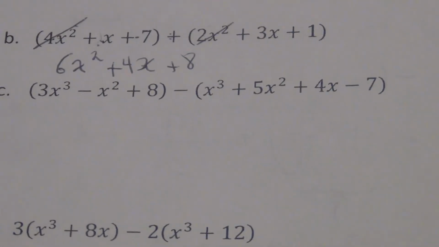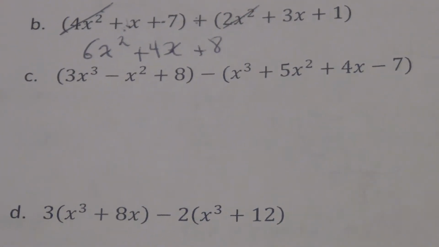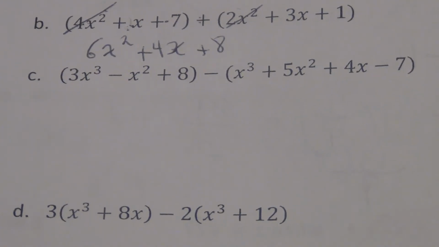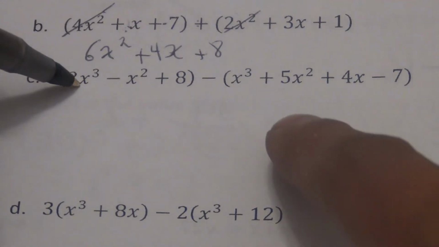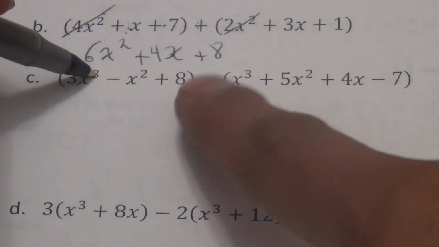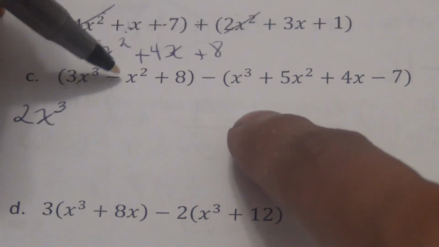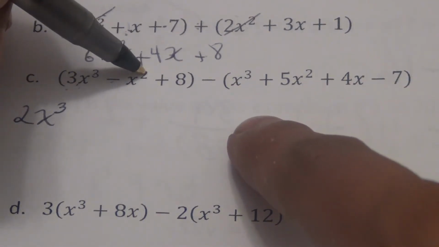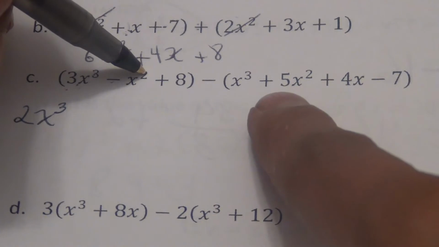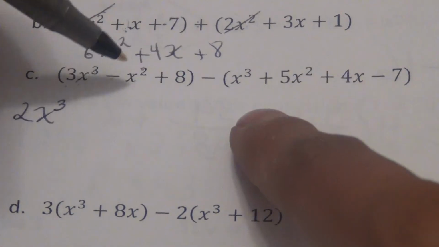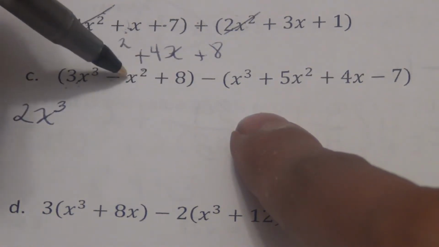Yeah, I can make this larger. Okay, let's do it. Three x to the third minus x to the third is 2x to the third. Negative x squared minus 5x squared. What is negative x squared? Negative 1.